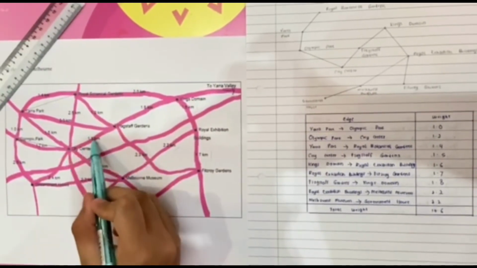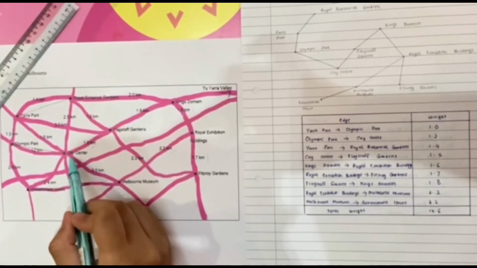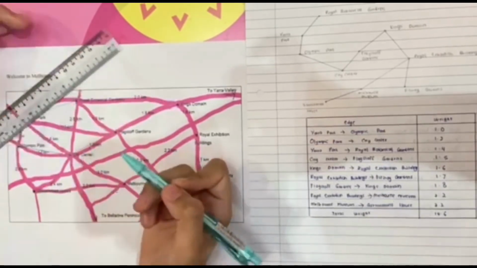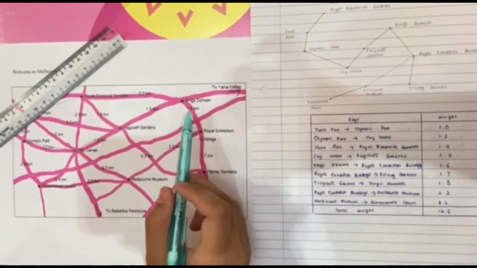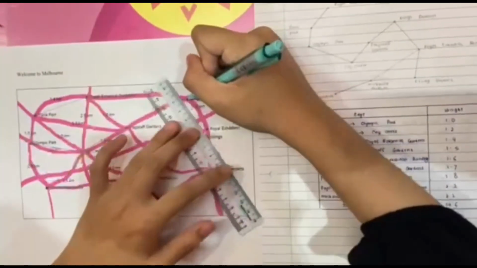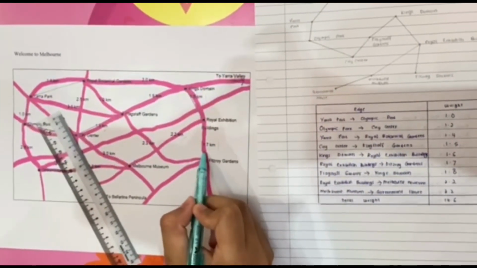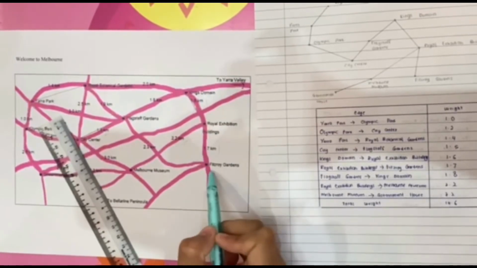Next, we use a minimum edge here, which is 1.5 km. So I will connect two vertices, City Center to Flagstaff Garden. Next, we have a minimum edge here, which is 1.6 km. So I will connect two vertices, King Domains to Royal Exhibition Buildings. Also, we have a minimum edge here, which is 1.7 km. So I will connect two vertices, Royal Exhibition Buildings to Fitzroy Garden.